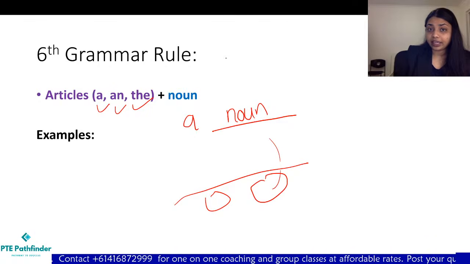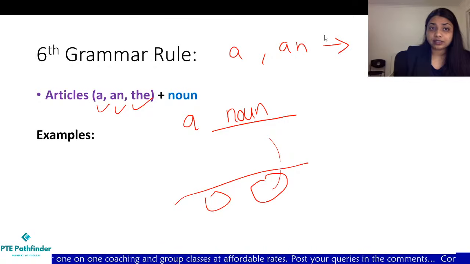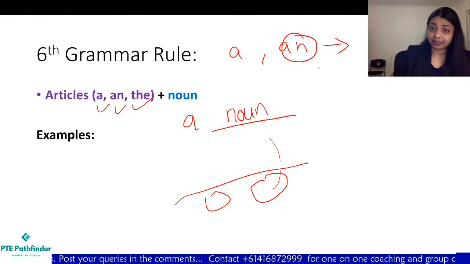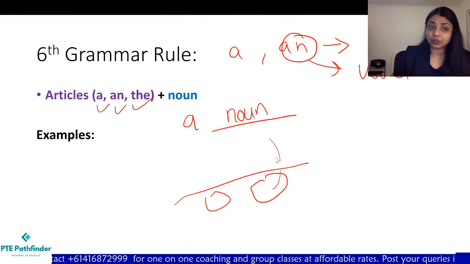Now, if you look at A or AN, right, they are always followed by a word that is, if you look at AN, for example, it is always followed by a vowel sound. So a word that is starting with a vowel sound.